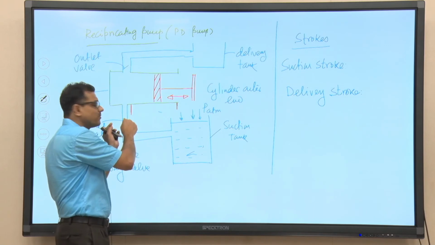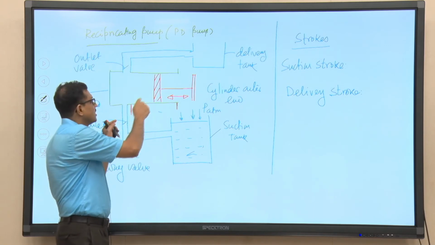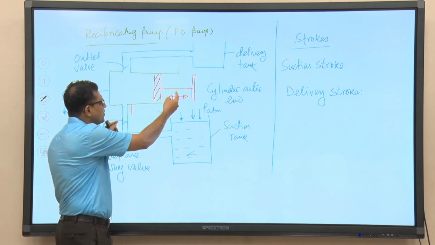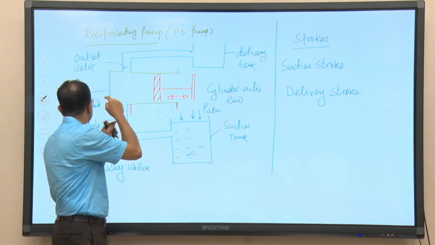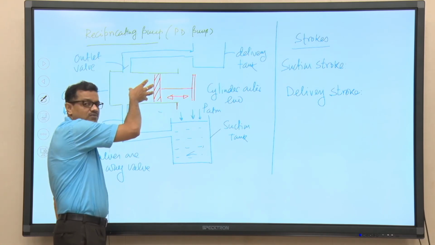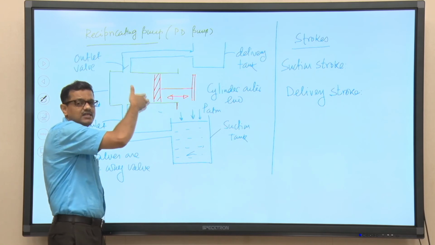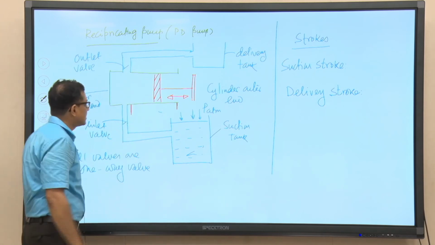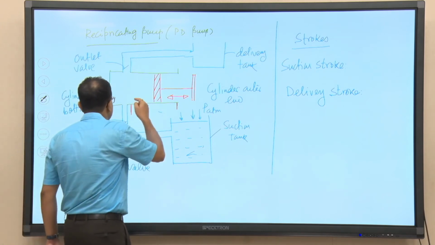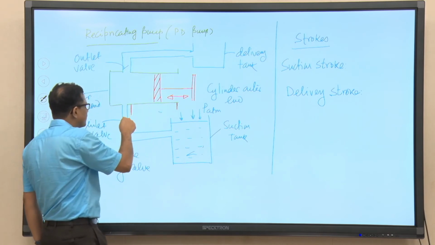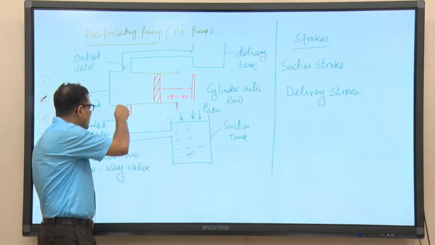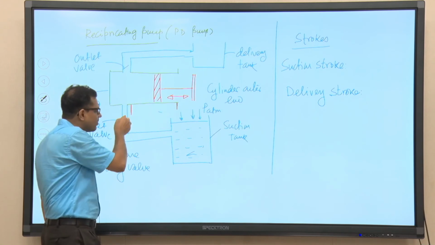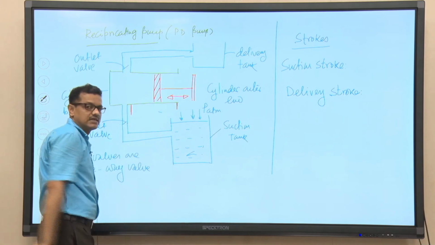Now this valve will be closed, because when the piston moves from the cylinder outer end to the cylinder bottom end, the liquid volume inside the cylinder experiences a force, because of which the liquid creates a pressure on the inlet valve, and this is a one way valve. So, the valve will try to sit over here, and the liquid will not go back to the suction tank, right.